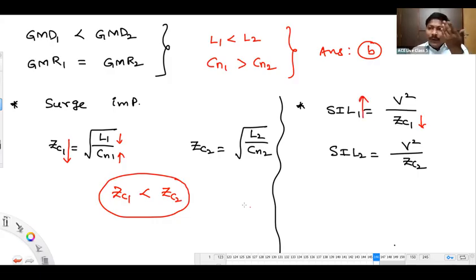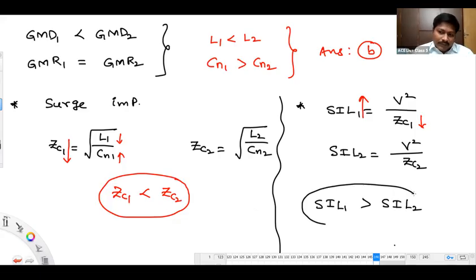So surge impedance loading of system 1 is greater compared to system 2. Clear?